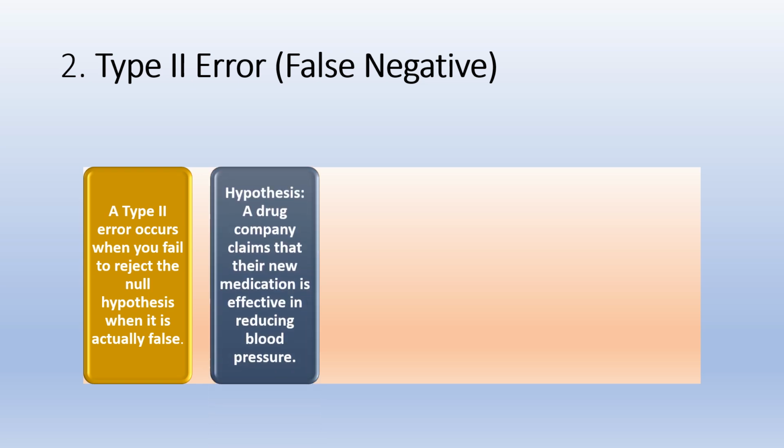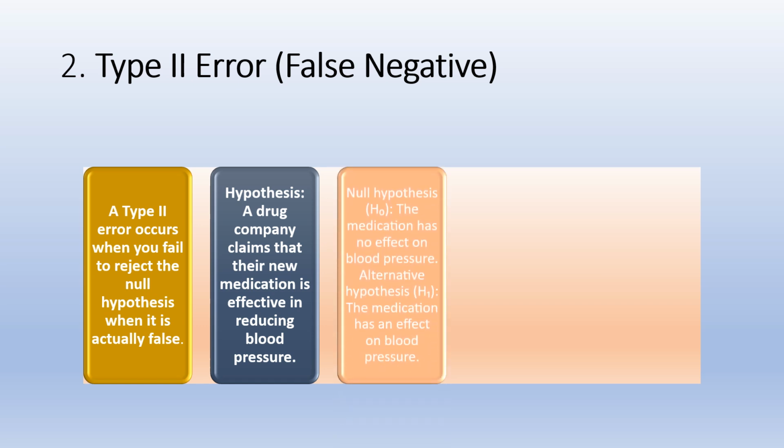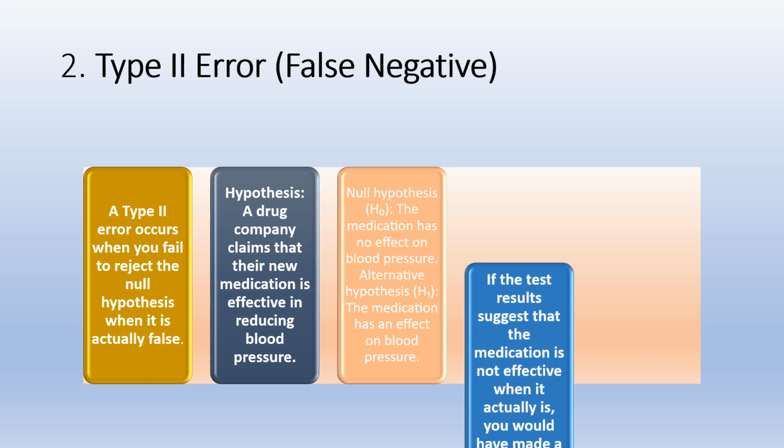Let us have a hypothesis. A drug company claims that their new medication is effective in reducing blood pressure. Here we set up the null hypothesis H0, the medication has no effect on blood pressure, and the alternative hypothesis, the medication has an effect on blood pressure.